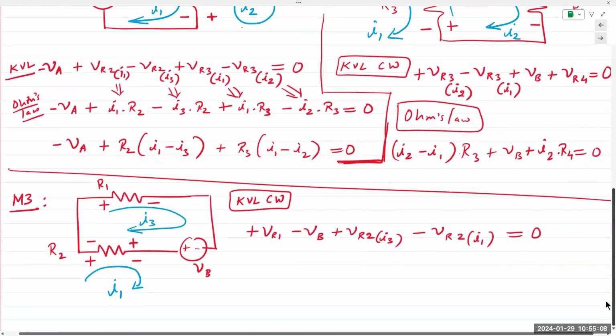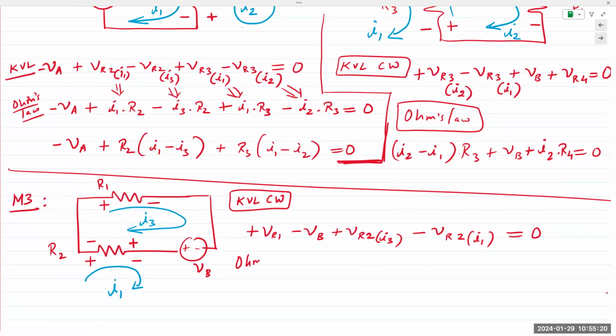All right. Other questions? Does everybody understand the method? Okay. Once we have this, we again apply Ohm's law. And I can write VR1 is, of course, just I3 times R1 minus VB plus I3 and minus I1 times R2 equals 0.